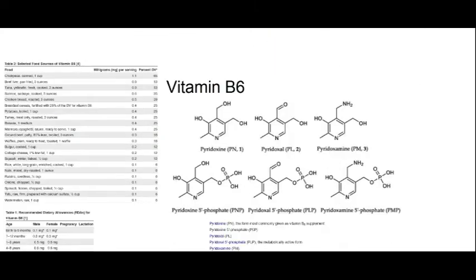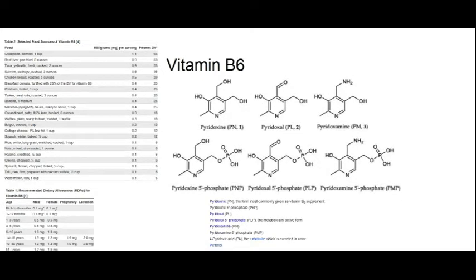Down here we have vitamin B6, and there are actually multiple versions of it. This one here is sort of the most common one. If you were taking a vitamin B6 supplement, you were probably taking this one. But they're all pretty similar.